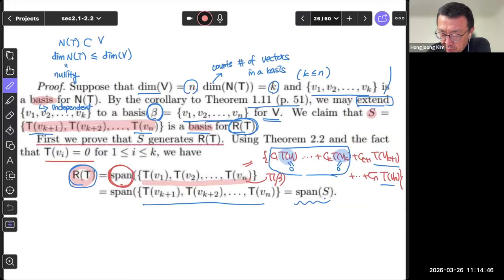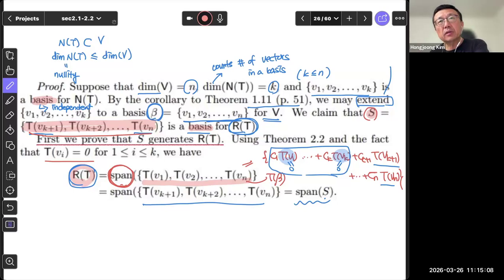So let me go back to this. Our S was this set. S is linearly independent, and S generates the range. So it is a basis, right?